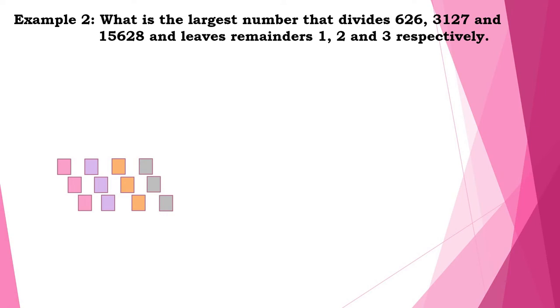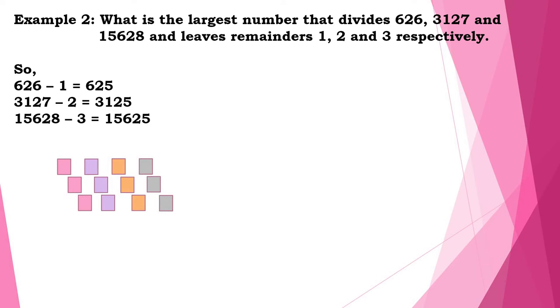So first we will subtract their respective remainders from all the numbers. Okay, so 626 minus 1 is 625. 3127 minus 2 is 3125. And 15,628 minus 3 is 15,625.